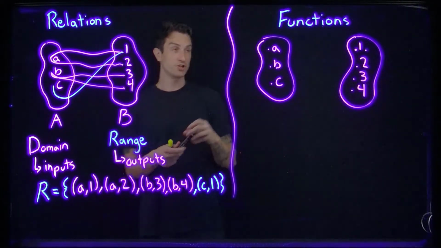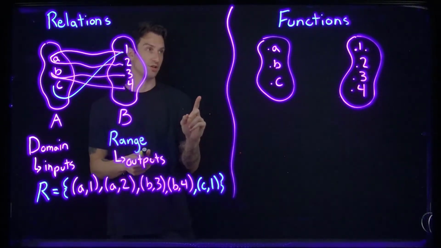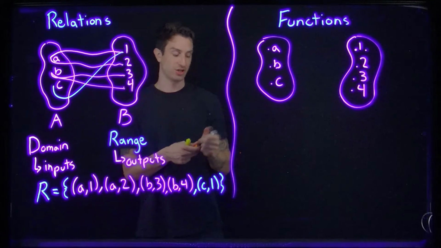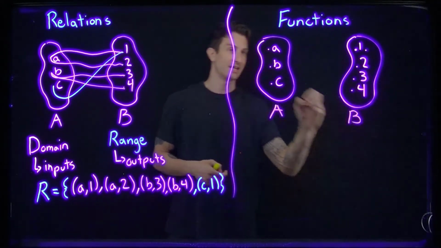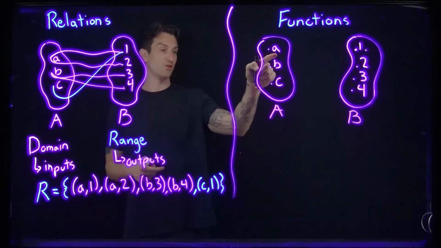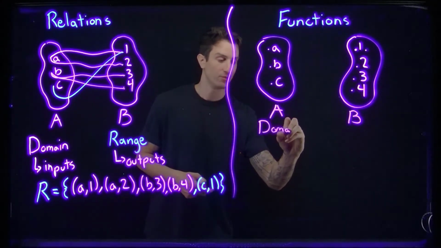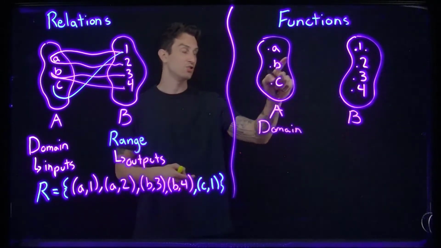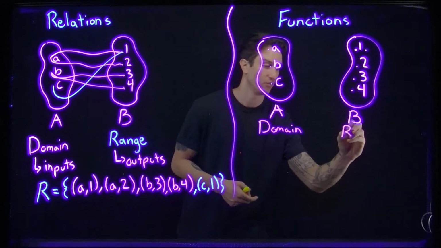Now for a function, think of it as a relation, but it has one extra qualification. The extra qualification is that if I take one of my objects in my domain, A, it can only be mapped or related to one thing in B, which is my range. Only one thing.